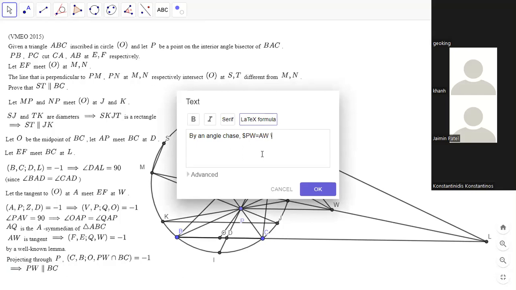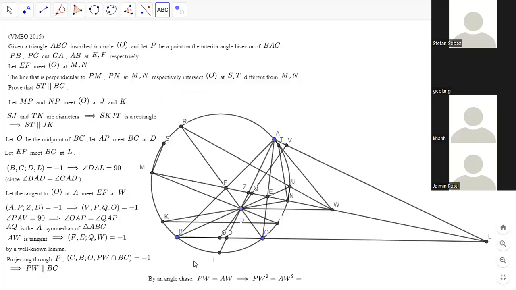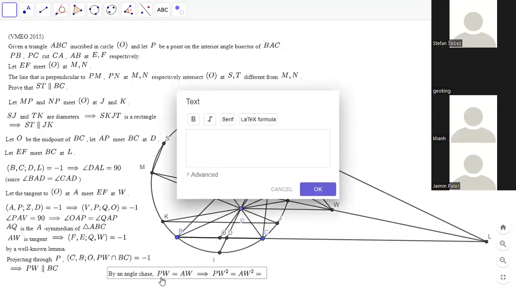And that implies that WP squared, or PW squared, equals AW squared. And that is equal to WN times WM.